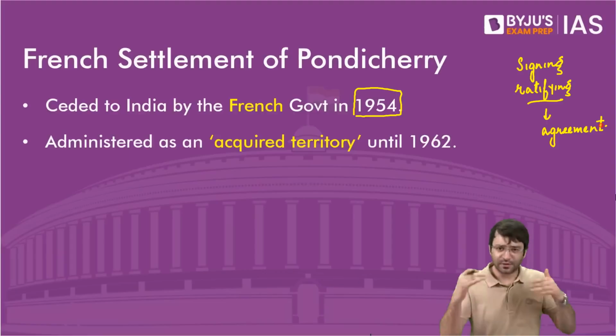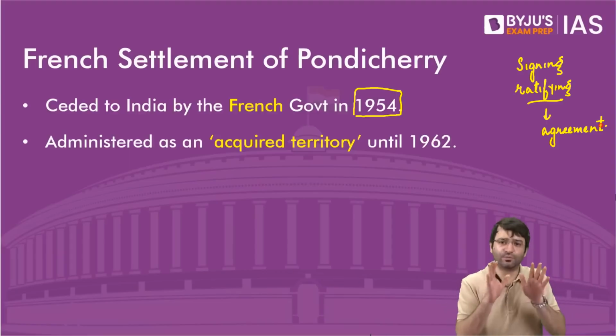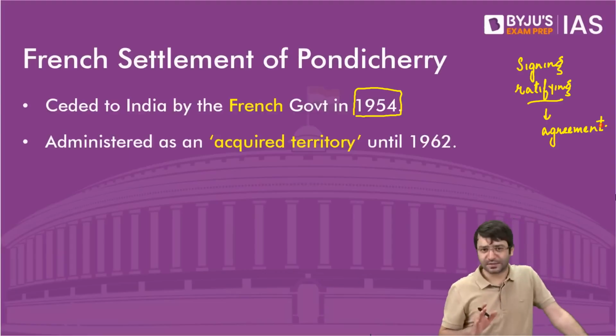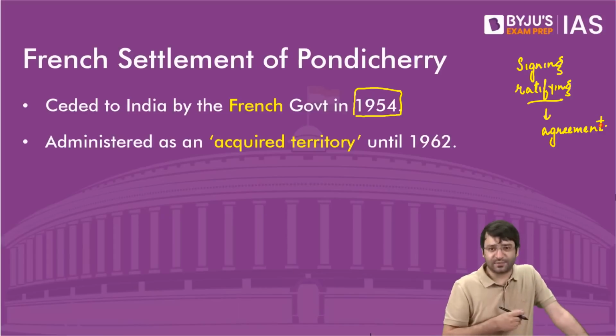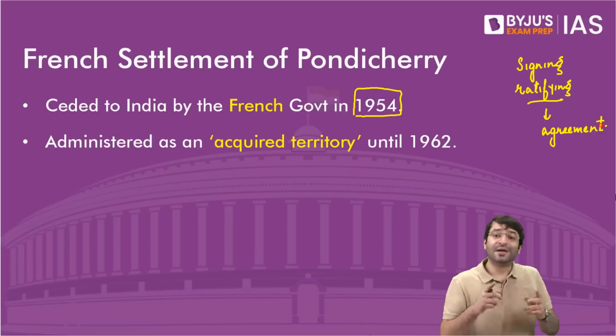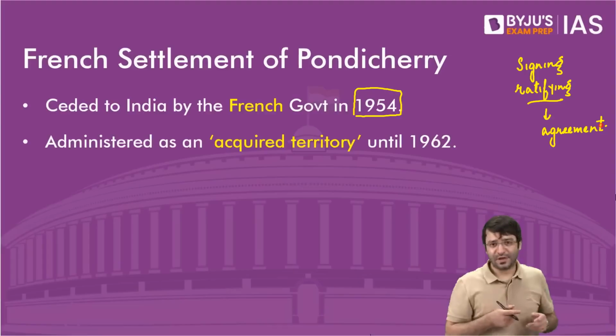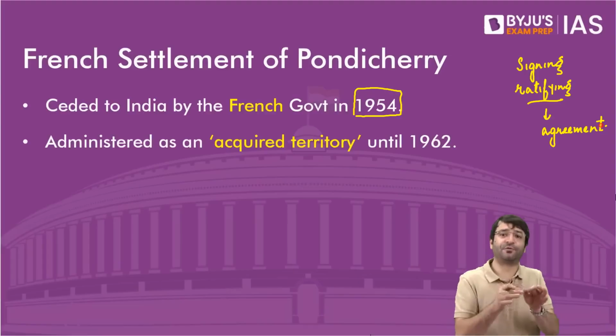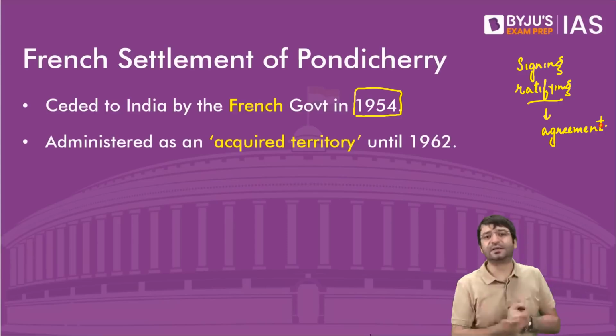There is an agreement, and we sign this agreement. But then we need to ratify it as well. Ratify in the sense, when are you exactly going to teach? So I will start teaching you from the 4th of October. That means on 4th of October, we are ratifying this agreement.